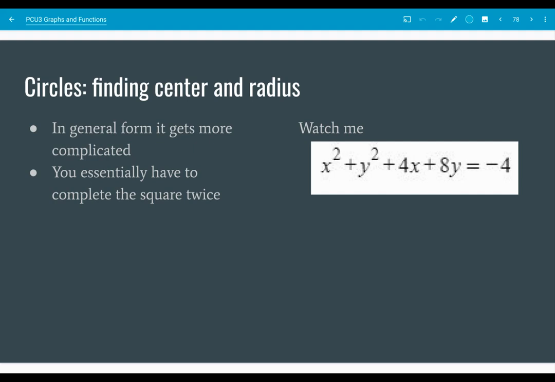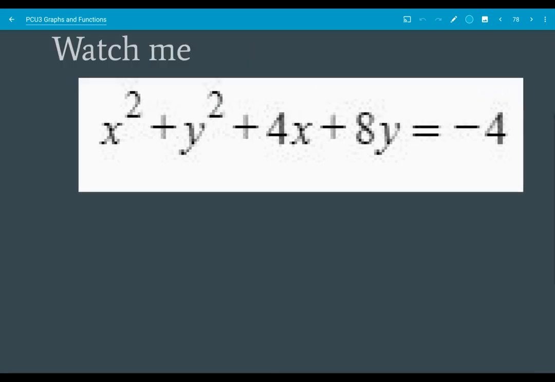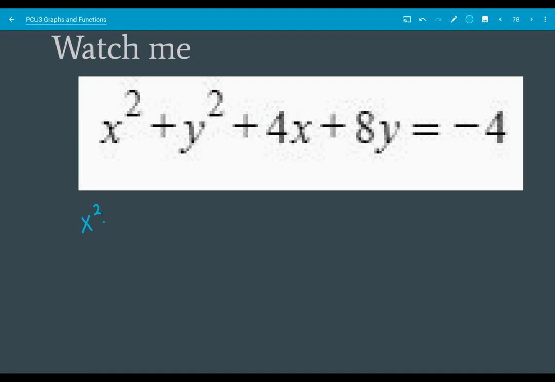Okay, so this is what I was talking about in terms of completing the square twice. So what you're going to do is we've got our equation over here. You're going to group your x's, so x squared plus 4x, and then you're going to complete the square. So this is where we're going to do the b over 2 squared.